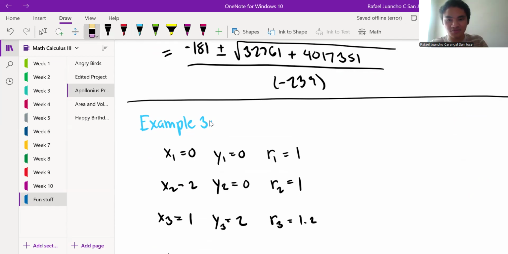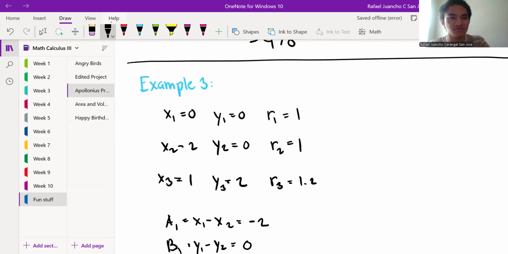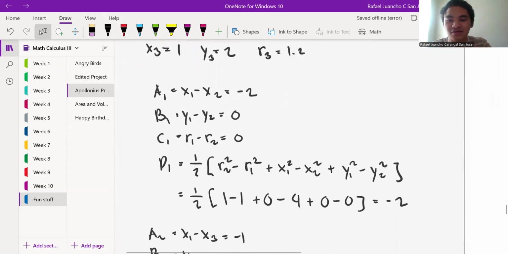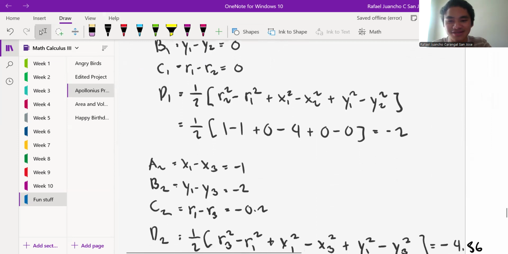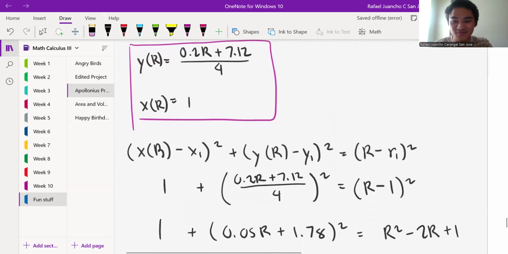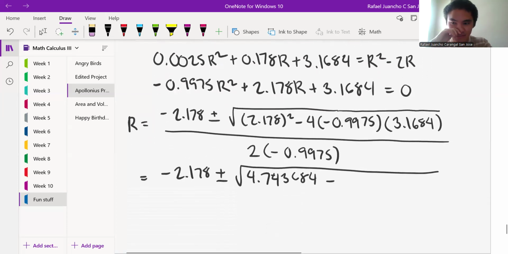Yeah, so this one becomes negative 478. Yeah, and then I just add these two together. Oh, shoot. Wait. Yeah, that other one works. Okay, my algebra, man. I just realized, like, after.